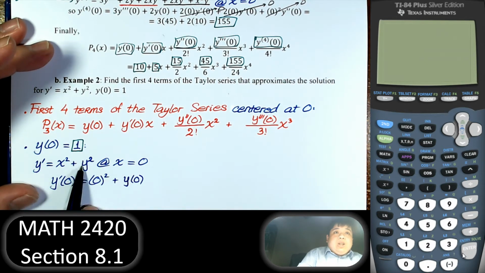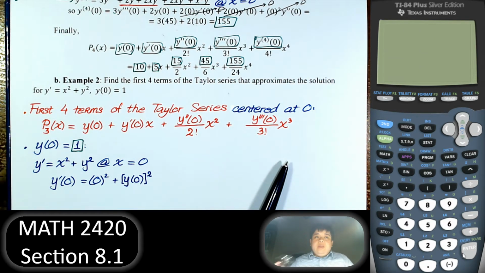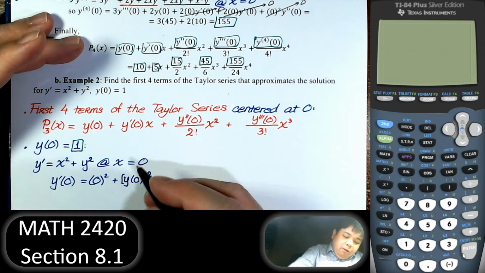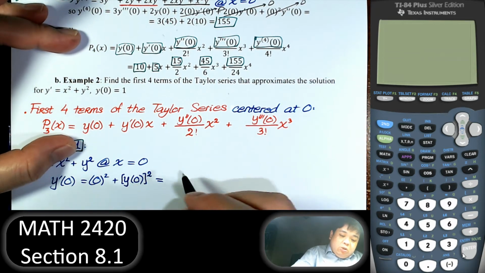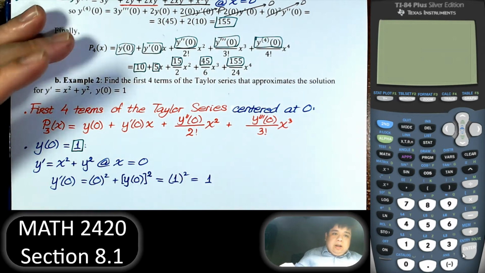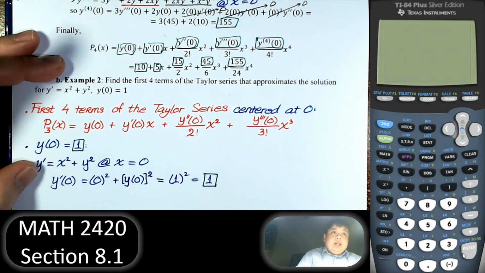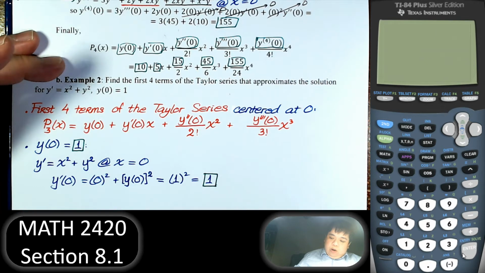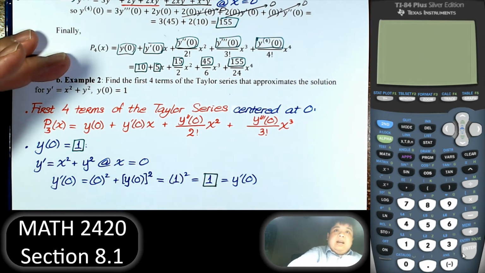By the way, for y squared, we evaluate y of 0 first, and then we square. 0 squared is 0. y at 0 is 1, so 1 squared is 1. So the derivative at 0 is equal to 1.